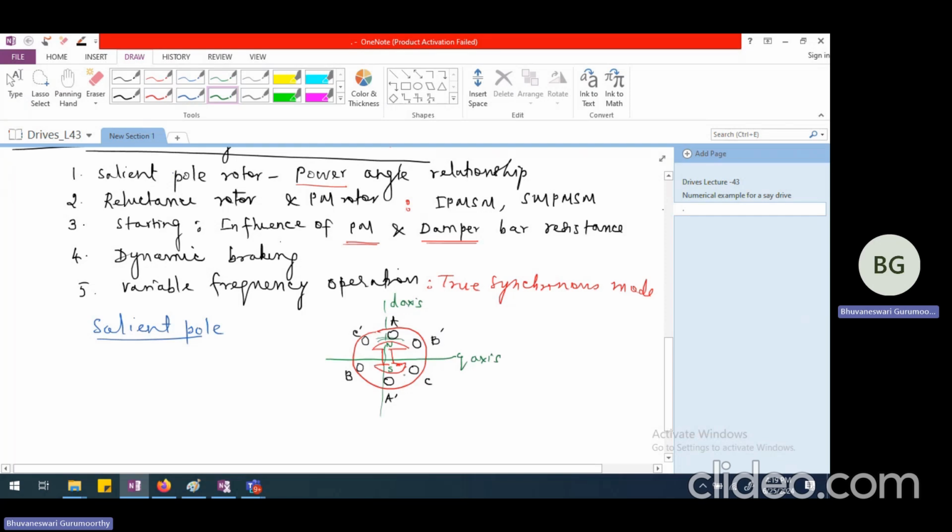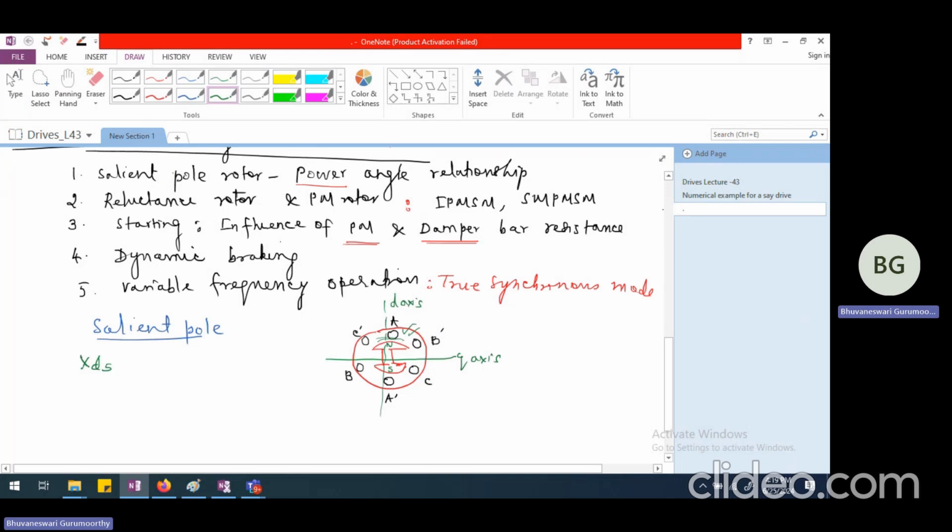So whenever a winding is aligned along with the pole, that is along the D-axis, the inductance manifested by the winding is going to be quite high. So XD is going to be quite high. If I'm calling this the synchronous reactance along the direct axis, this will be quite high.